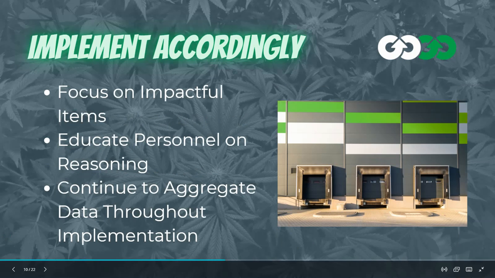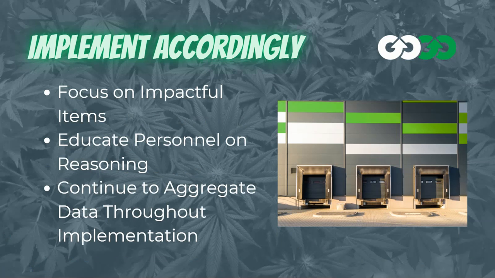The last step here is to implement accordingly, right? So again, I mentioned before, don't make any knee-jerk reactions to anything, but really once it's time to implement your plan, we just want to offer a couple of points to keep in mind throughout that process. So the first one is really, we suggest that you focus on impactful items.